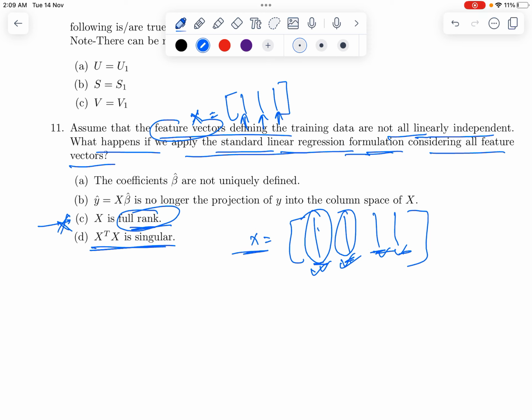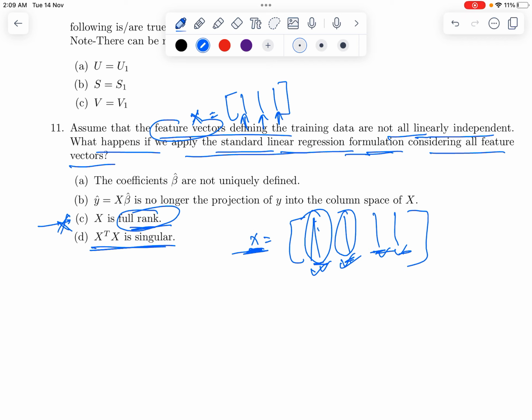Now, X transpose X is singular. Why are we saying it is singular? First of all, not all the vectors are linearly independent, so there would be some dependency. When we find the determinant of this matrix X, it will be 0, or we can say the inverse of this matrix will not exist.